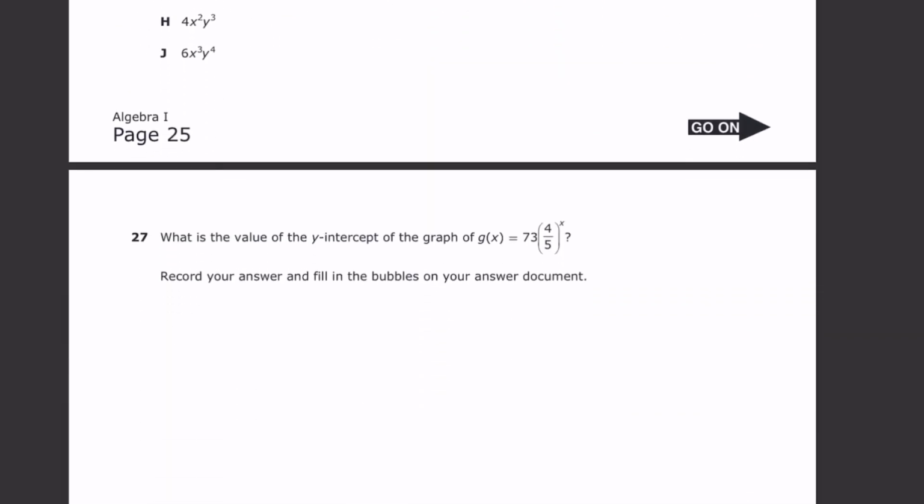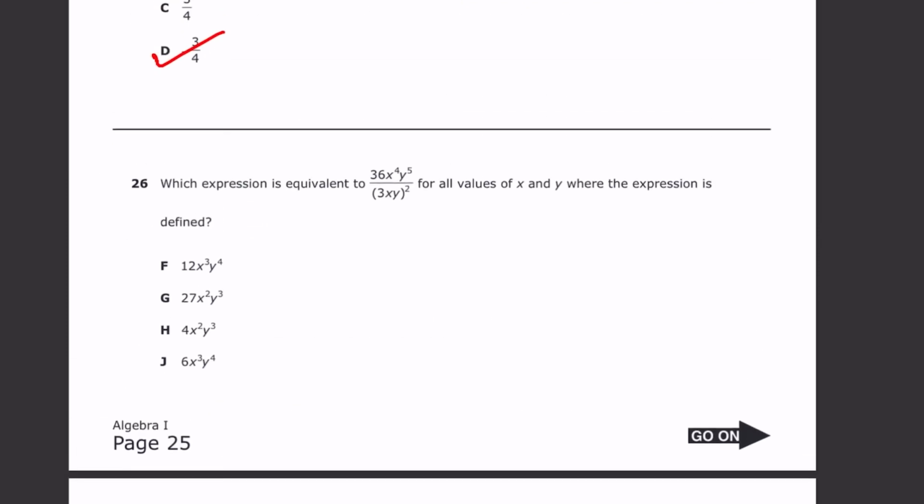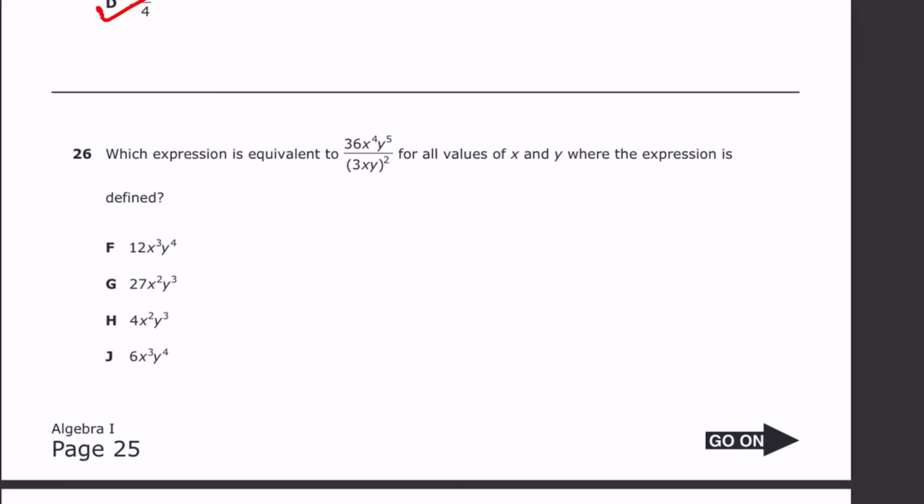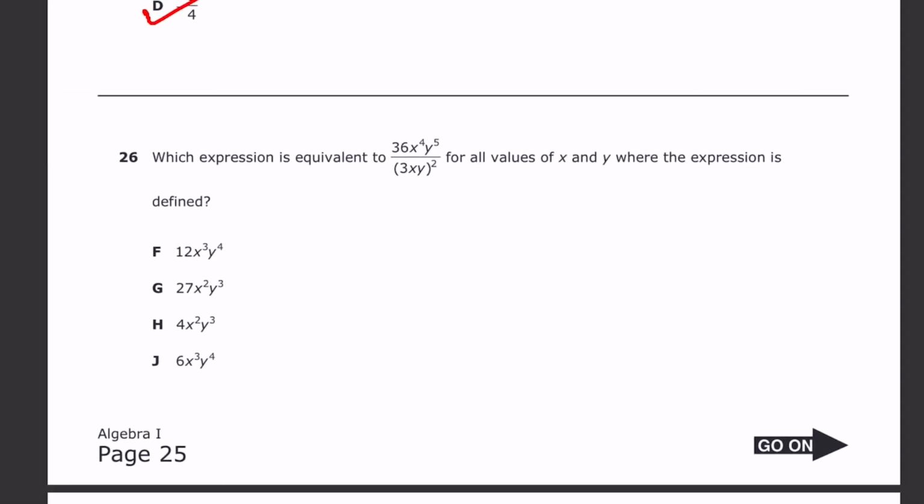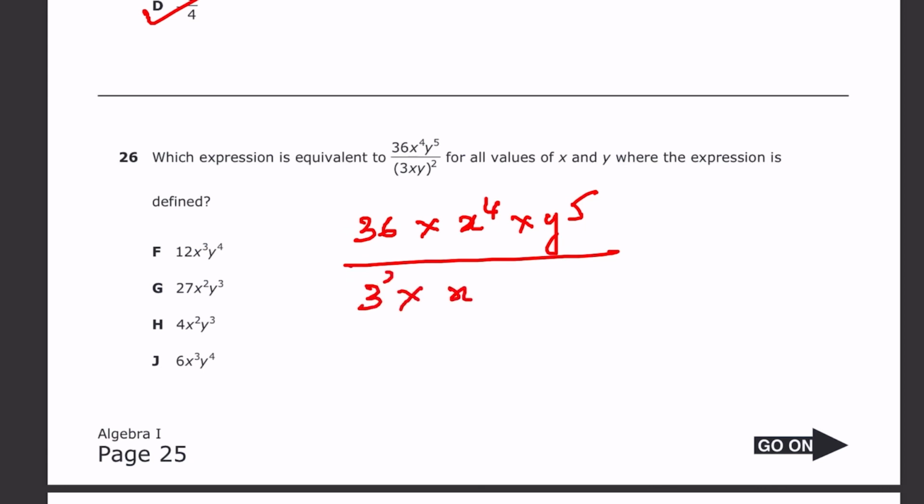25th done. Next is the 26th one. Which expression is equivalent to 36 x to the power of 4 y to the power of 5 divided by (3xy) whole squared, for all values of x and y where the expression is defined. So now you can write this as 36 x to the power of 4 y to the power of 5 divided by 3 squared x squared y squared.